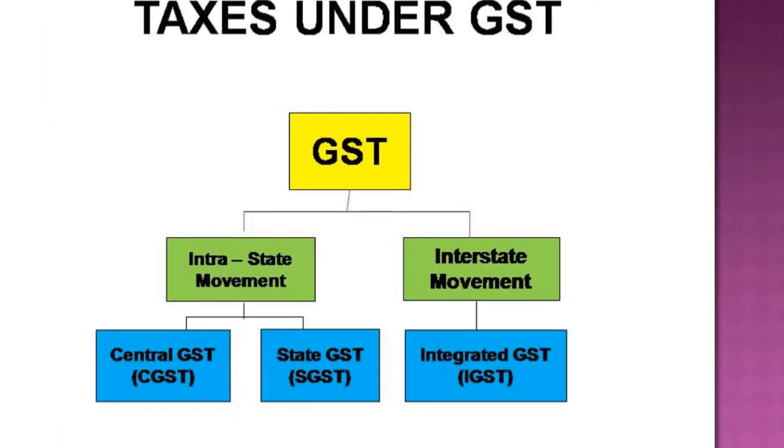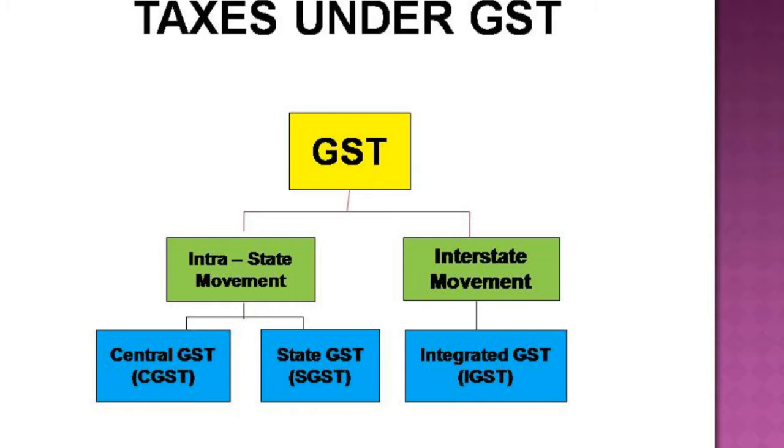As you can see here, the structure of GST is like this. There are two categories of GST. One category refers to the movement of goods within the state, which is called intra-state movement.